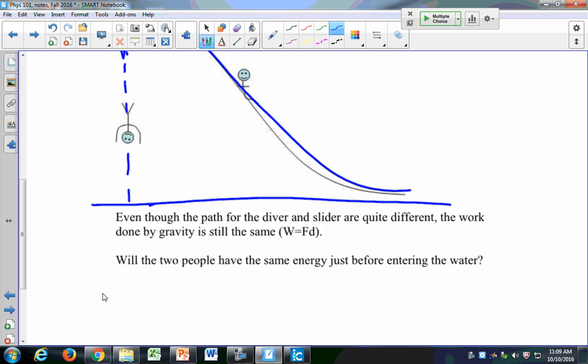There's no friction. The only force that's acting upon you is the gravitational force. And so this person has only the gravitational force. So no energy is lost.